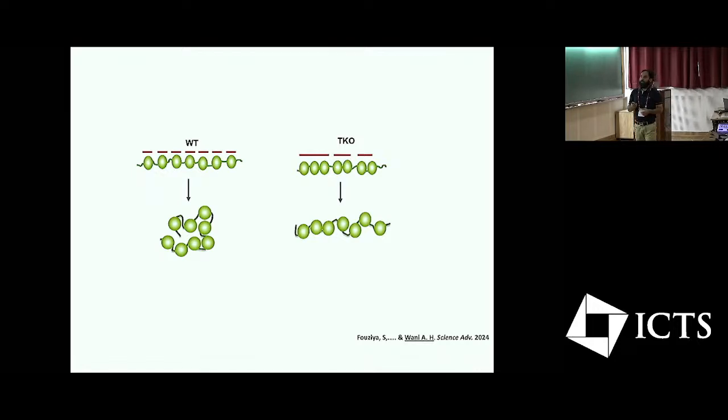If you have a flexible chromatin, the probability of forming these end-to-end contacts is more, but if we have a stiffer chromatin, the probability of forming the contacts is less. So what I showed is that cells have these ATP-dependent remodelers.